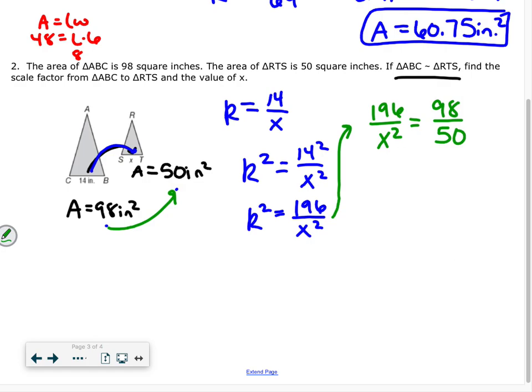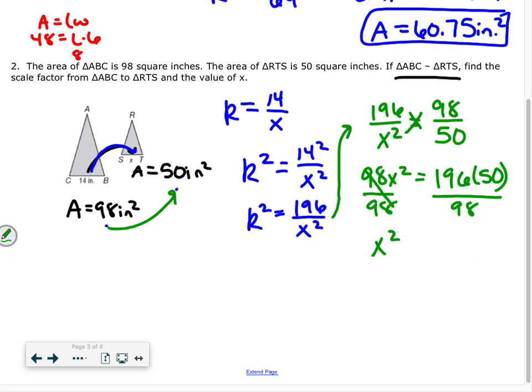And then we're simply cross multiplying. So 98x squared equals 196 times 50. We need to divide each side by 98, so go ahead and multiply and then divide. We should get x squared to be 100, which is nice because when we take the square root of it, x then is 10.